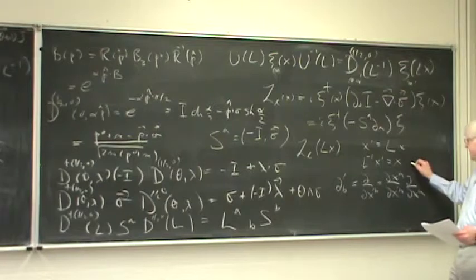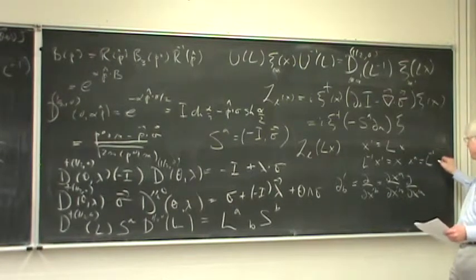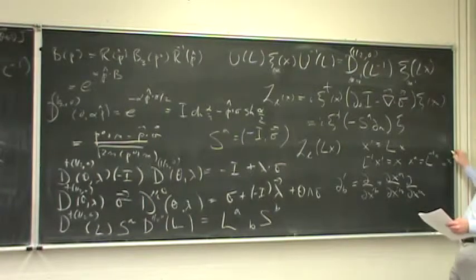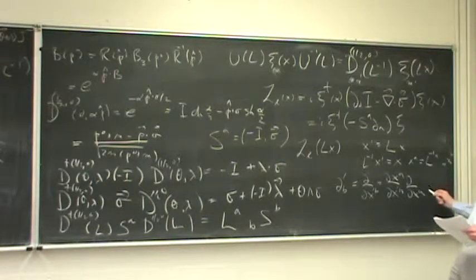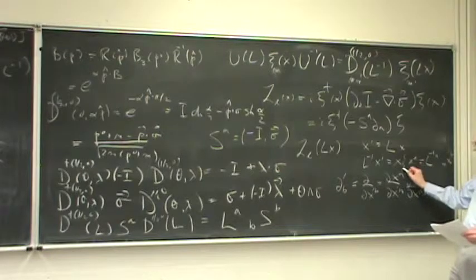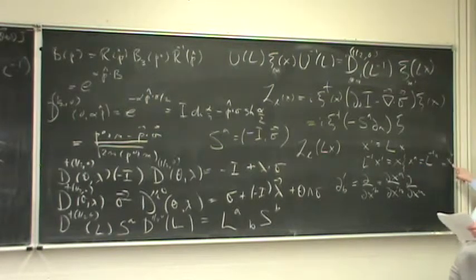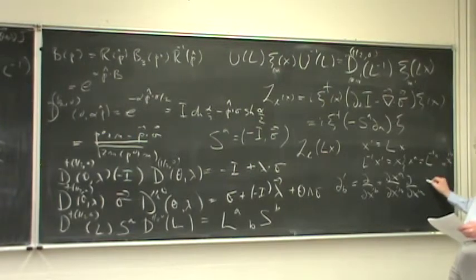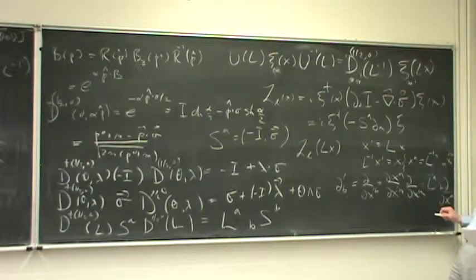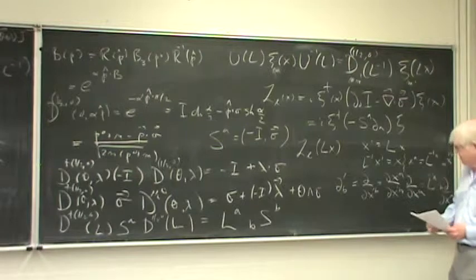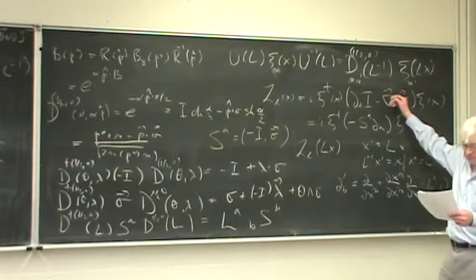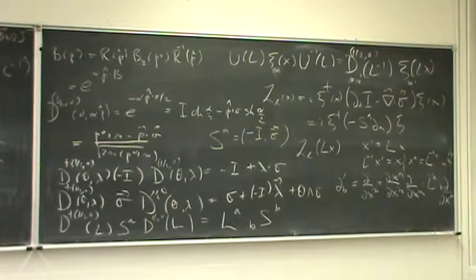Well, this thing is, of course, x_a equals L inverse_ab x_b. So the partial of x_a with respect to x prime b is L inverse_ab. So this is L inverse_ab, partial x_a. Okay? And so now we can show that this thing is Lorentz invariant.